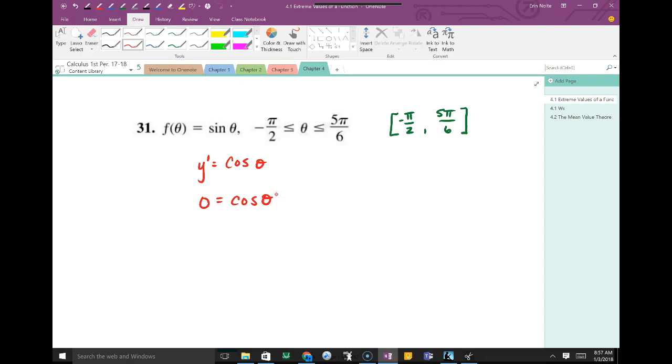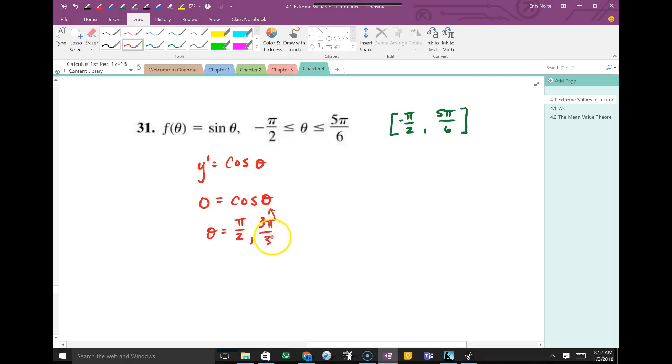Okay, so you're looking for an angle where the cosine is equal to 0. By the way, is cosine your x or your y? X. Cosine is your x. So where on the unit circle is the x value 0? Pi over 2, and 3 pi over 2.